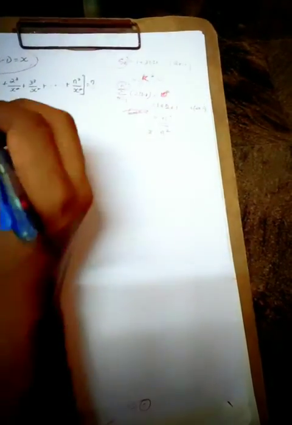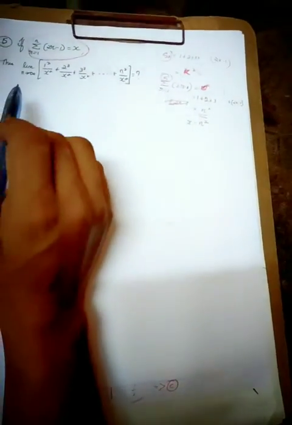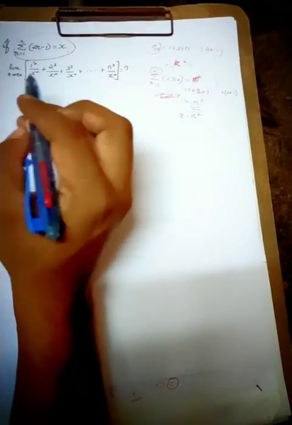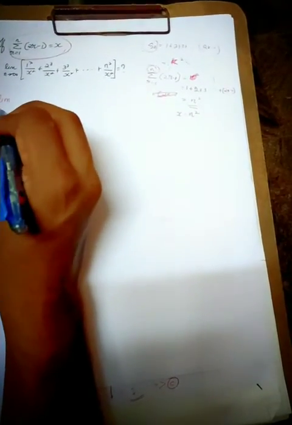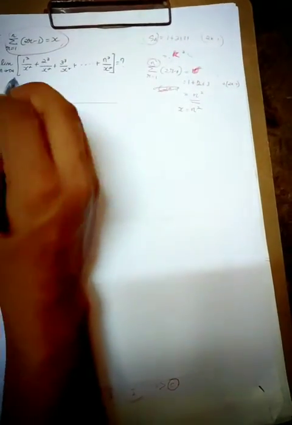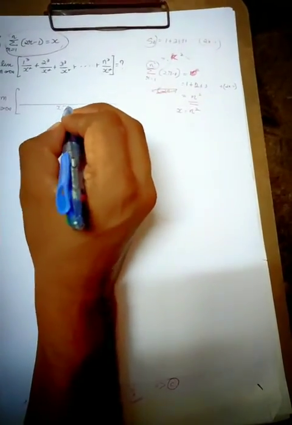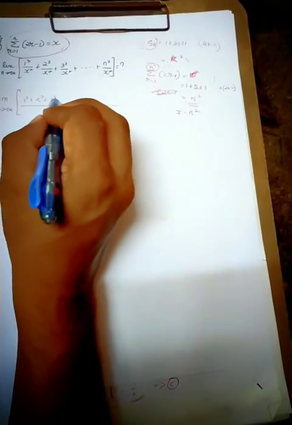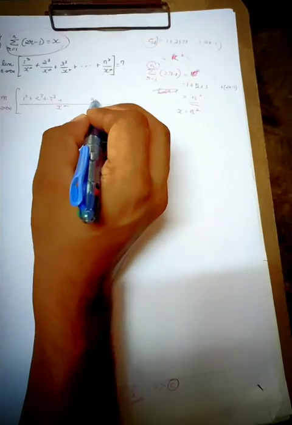Then I'll move on to the other part of the question, which is given to me here. So this is the question part. The limit of n tending to infinity can be simplified further. The denominators are all the same, that is x square itself. So then it becomes 1 cube, 2 cube, 3 cube, etc., till n cube.